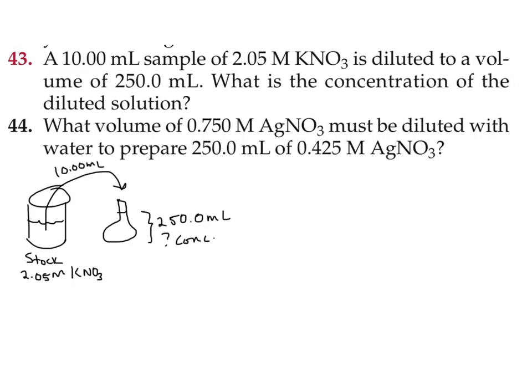So I have little pictures here of the two. My stock is in a beaker, and the thing that's going to be diluted is an Erlenmeyer flask, or excuse me, volumetric flask. But in this case, this is like the first problem we did, where you know the molar concentration of the stock, you know the transfer volume was 10 milliliters, and you know that the volume it was diluted up to was 250.0 milliliters, and you're supposed to get to the concentration.